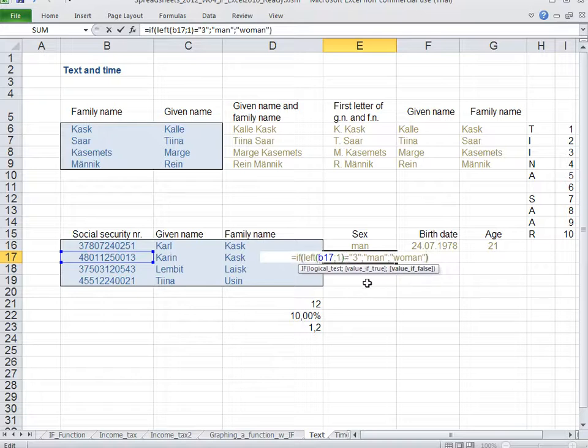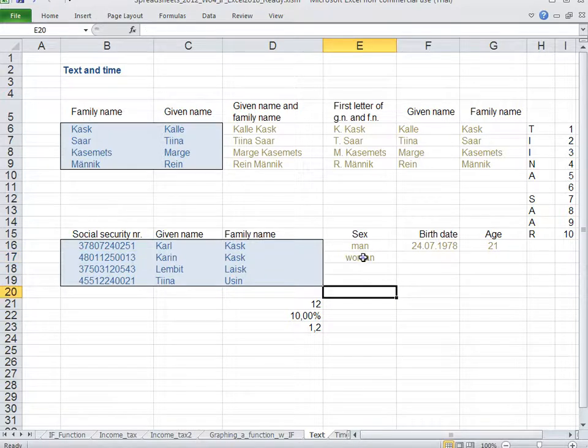Of course, this means that whenever the social security number does not contain a 3, let's say it erroneously contains a 7, which can't be the right first character, it's always going to be a woman. So we see some kind of a weakness in our formula, but if we take these social security numbers from a correct database where they are all real, there is going to be no problem with it.